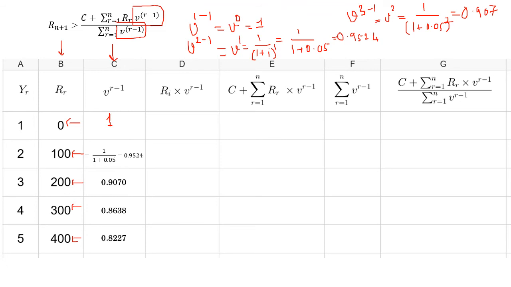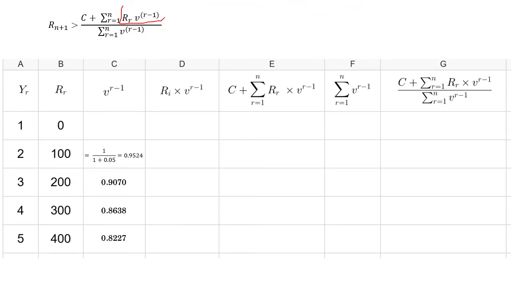Then move on to the next column, which is column D, which is the multiplication in the numerator, r times v raised to r minus 1, which is simply the product of column B and column C. So column B into column C will be column D. Hence, for year 1, 0 into 1 is 0.